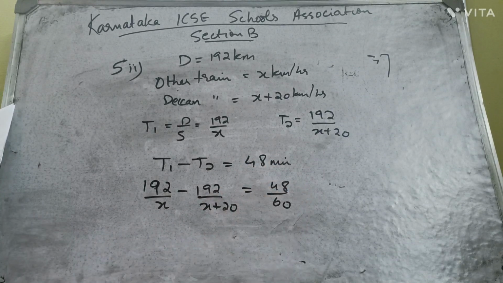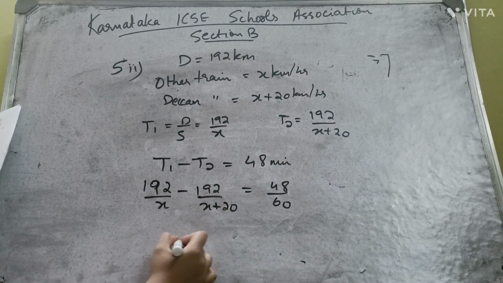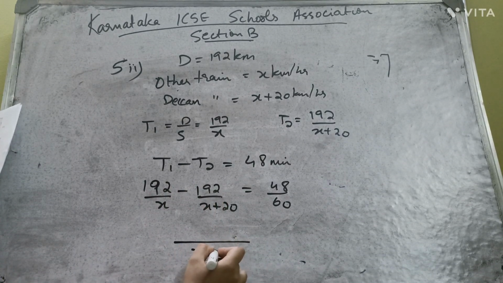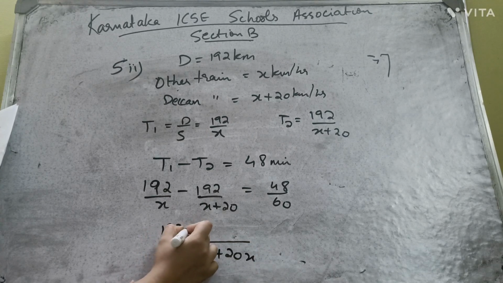We need to convert this to hours, so you divide by 60. Cross multiply this part, find the LCM. So your denominator is going to be x square plus 20x.